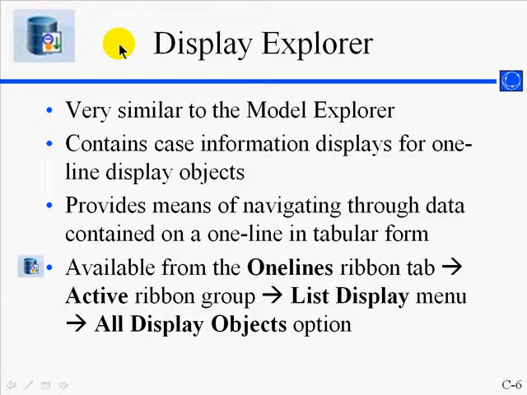Simulator has a similar construction for the one-line diagrams called the Display Explorer. This is similar to the Model Explorer, except it contains information on objects that are displayed on the one-line. It gives you a way of navigating through the graphical information on the one-line using a tabular form.